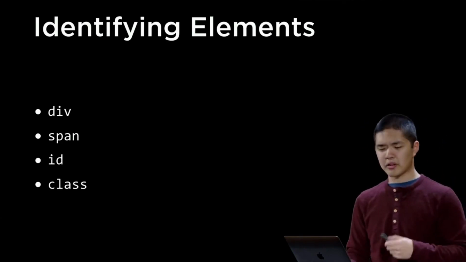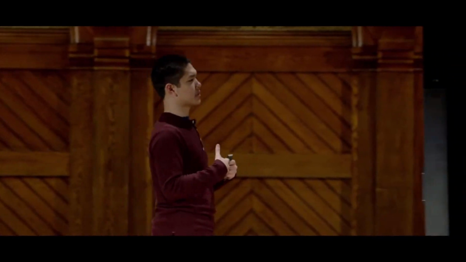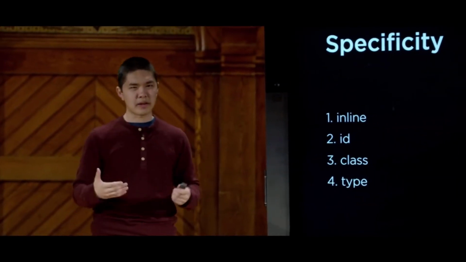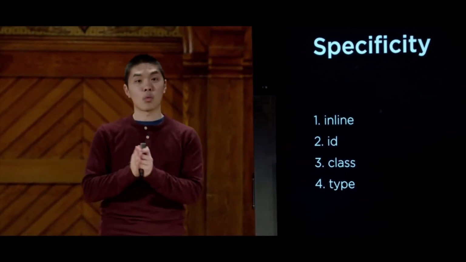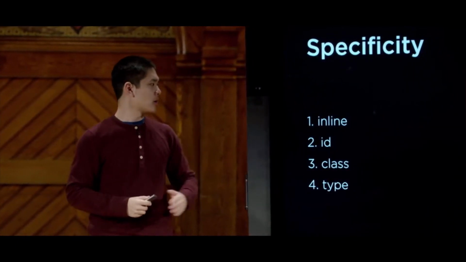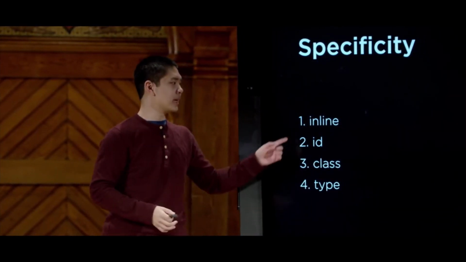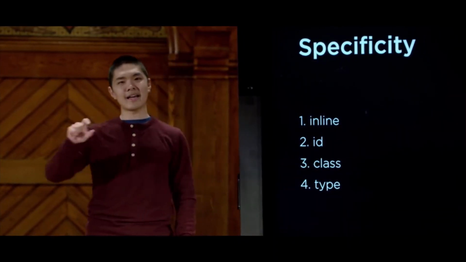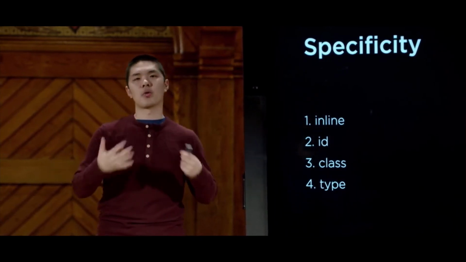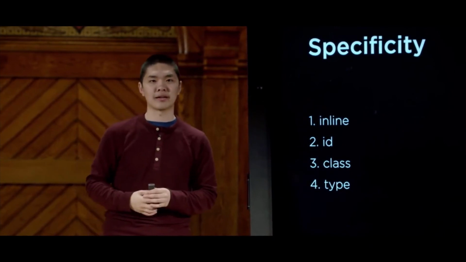And this often happens when we start to add IDs and classes to our elements as well. So when we deal with specificity, specificity goes in a particular order. There's an order of precedence that we can follow for determining what style should ultimately be applied to any particular element. The first, most powerful, most specific way of referencing an element is inline styling, literally adding a style equals attribute to our HTML elements the way we did way at the beginning when we were first taking a look at CSS.